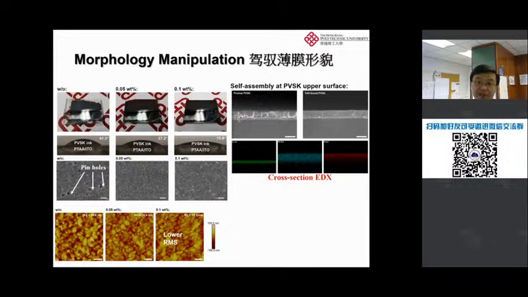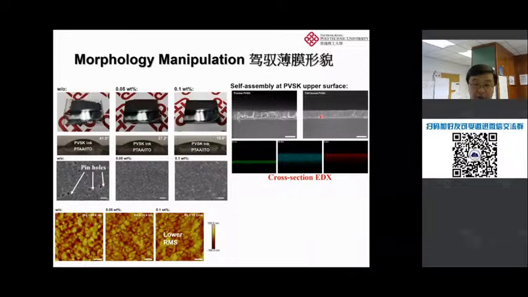In the cross-section, you'll see voids there, which tells you the contact is not good. When we put in these functional surfactants, we have very good coating uniformity and no pinholes here, and the contact between the perovskite and the PTAA is very good.